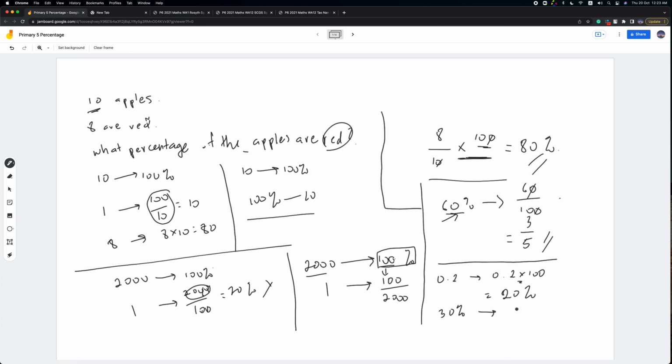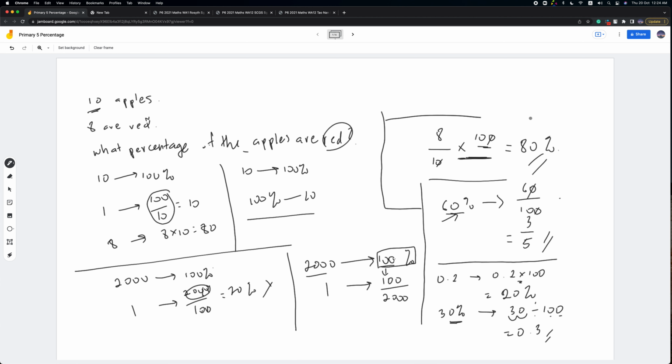Instead of multiply, now you take 30 divide by 100 and you move the decimal 2 points because there's 2 zeros, so you get 0.3. You don't need to put the 0 behind. Alright, so it's just 0.3.